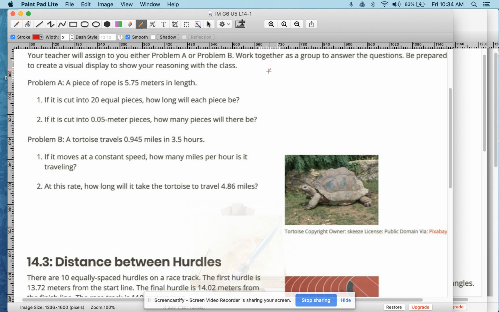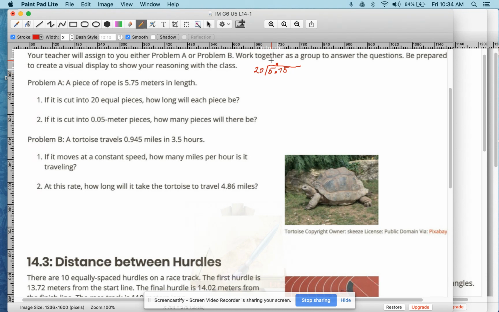So we have a total length of 5 7/75 meters in rope, and we're dividing that equally into 20 pieces. So 5 7/75 divided by 20. I have no decimal here, so I don't need to move it. My decimal in my quotient will be right here in the same place that it is in the dividend.